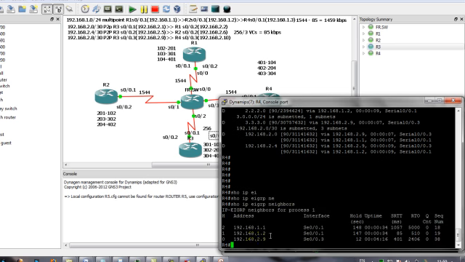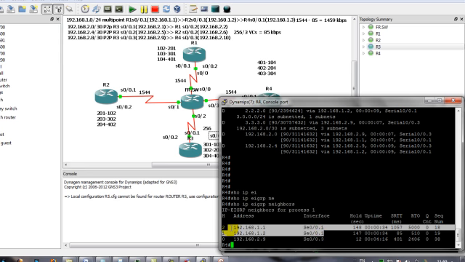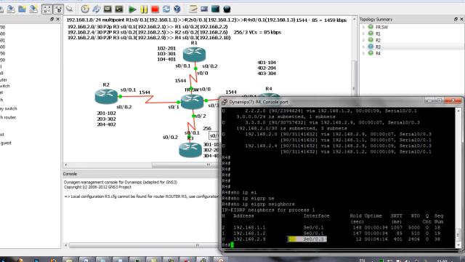Look at this, he makes a neighborship with IP addresses 192.168.1.1 and 192.168.1.2 with this subinterface, because I made this multipoint. And this is the point-to-point with router 3. So that's good.